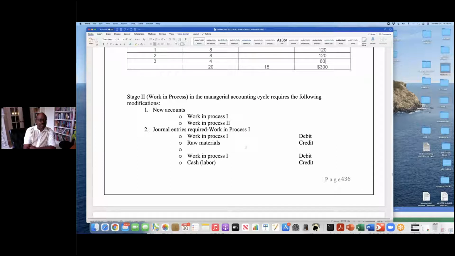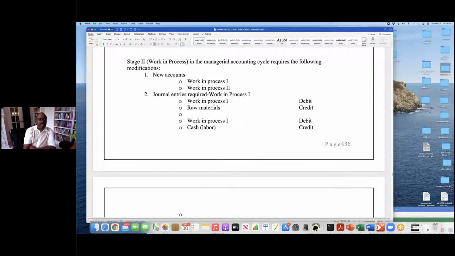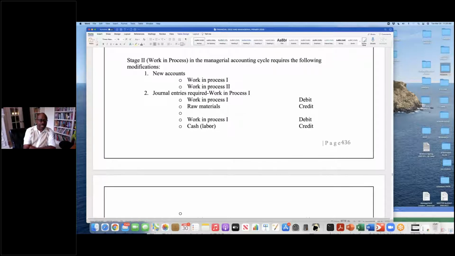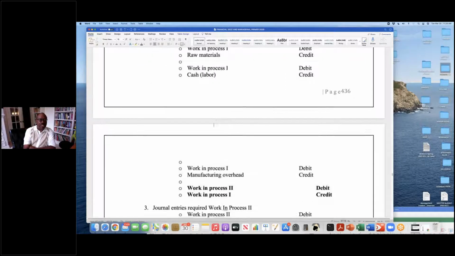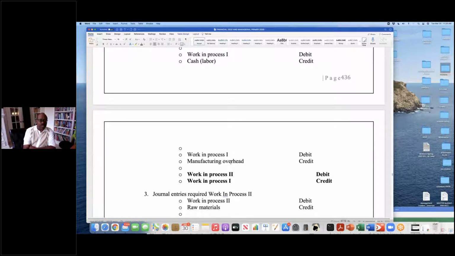Our journal entries look basically the same. Debit working process 1, credit raw materials, all the raw material. Debit working process 1, credit cash for the labor. Debit working process 1, credit manufacturing overhead, the same cost. But instead of transferring the finished goods, we transfer from working process 1 to working process 2. So debit working process 2, credit working process 1.